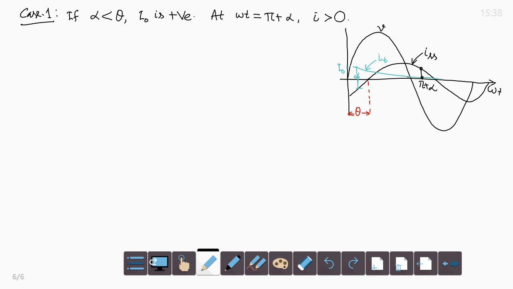So, total current I is greater than 0. As total current I1 is greater than 0, T1 is conducting, because T1 was on, T1 is carrying positive current. So, forward voltage drop of T1 keeps T2 reverse biased.